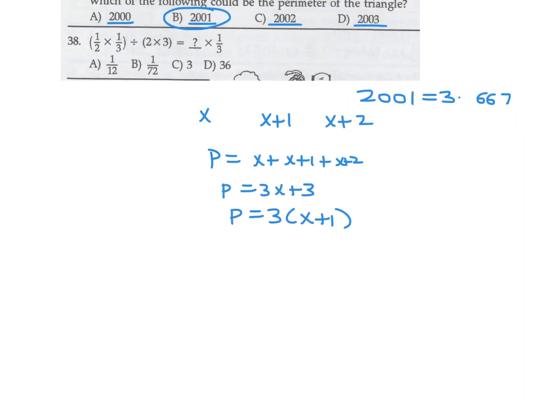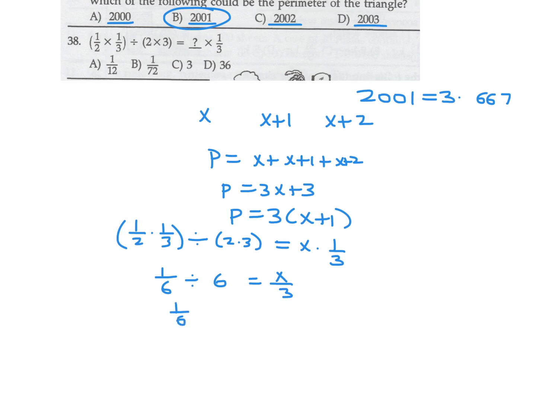1 over 2 times 1 over 3 divided by 2 times 3 is equal to question mark times a third. So let's do the 1 over 2 times 1 over 3, then divide it by 2 times 3, and then say x times 1 over 3. Instead of the question mark, I'm using x. So this is 1 over 6 divided by 6, and this is x over 3.